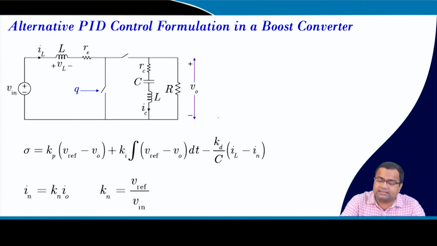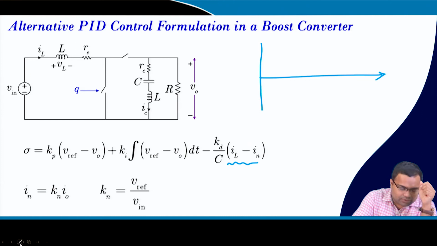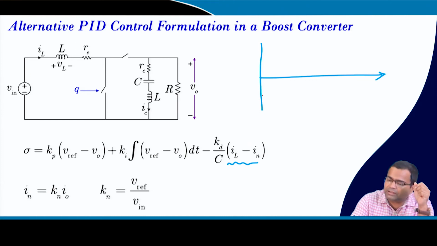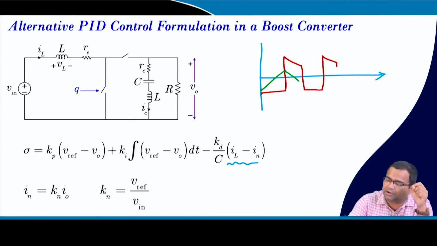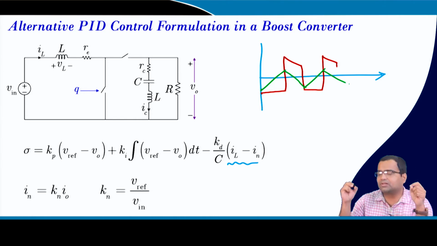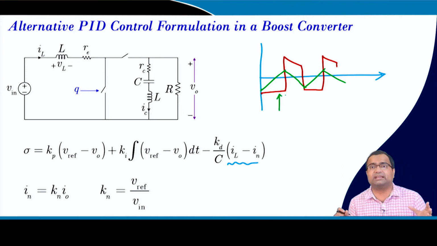That means, if I draw the boost converter capacitor current, it is simply like this, but for a buck converter what we achieved was something like this. But in a boost converter, this discontinuous jump creates real trouble for direct derivative.